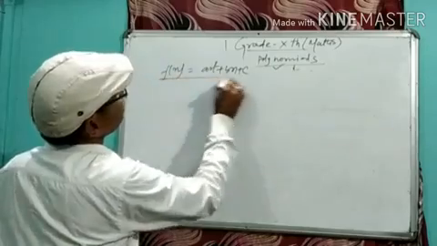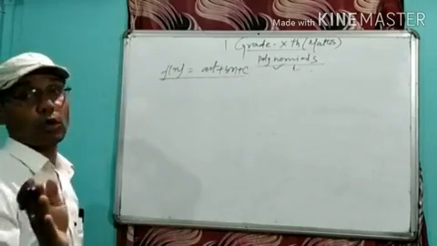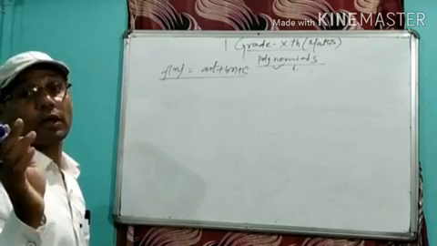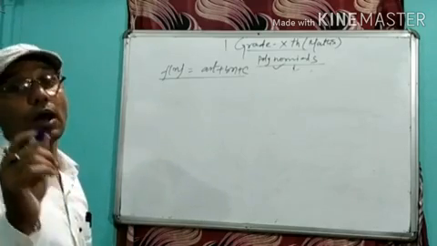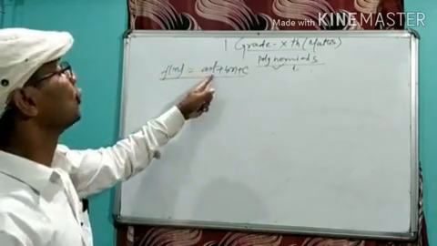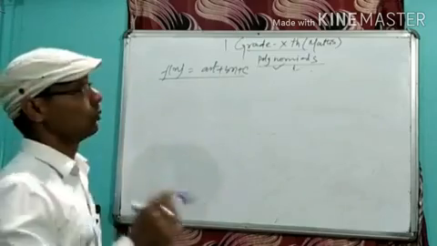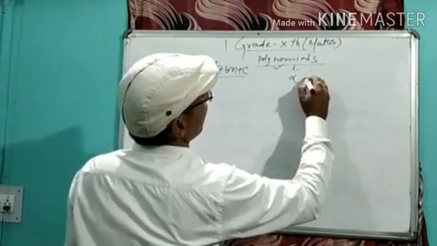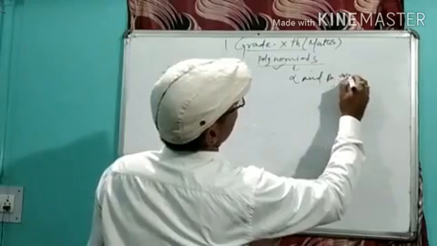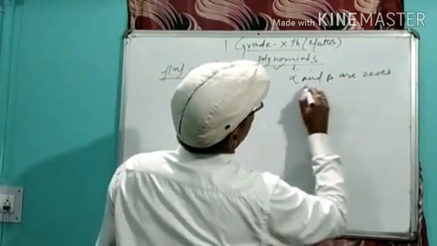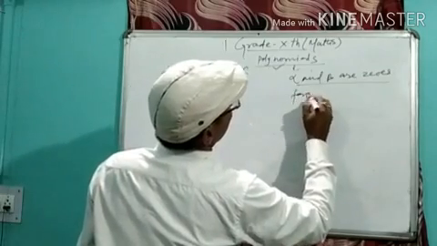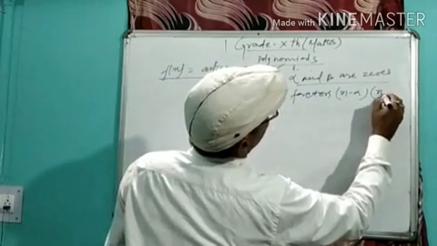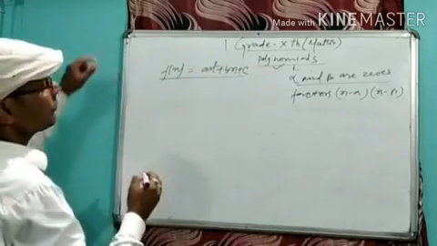I told you that by the factor theorem it has two factors. What are they? x minus alpha and x minus beta. Here alpha and beta are the zeros of the quadratic polynomial. I told you earlier it has two zeros, alpha and beta, and the factors are x minus alpha and x minus beta. Okay.